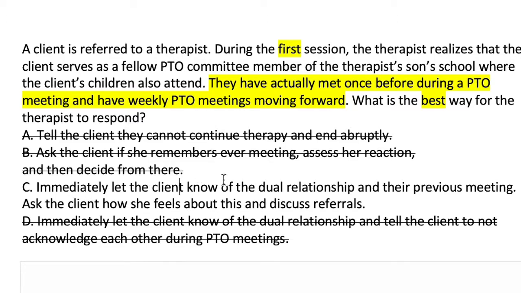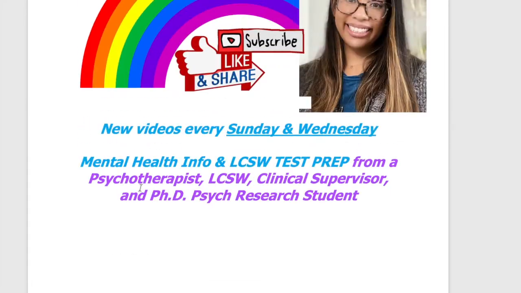So they haven't established this rapport yet. And so that's why it's okay to discuss referrals. Again, you want to process this with the client, ask her how she feels about it, what her thoughts are about it, and then give her the option for referrals. So that's why option C is going to be the most appropriate answer.